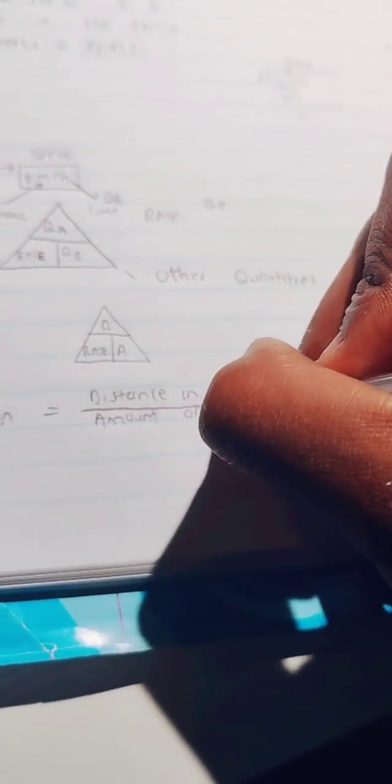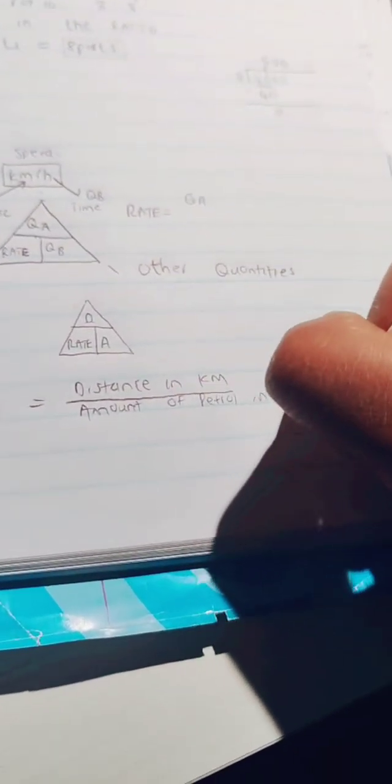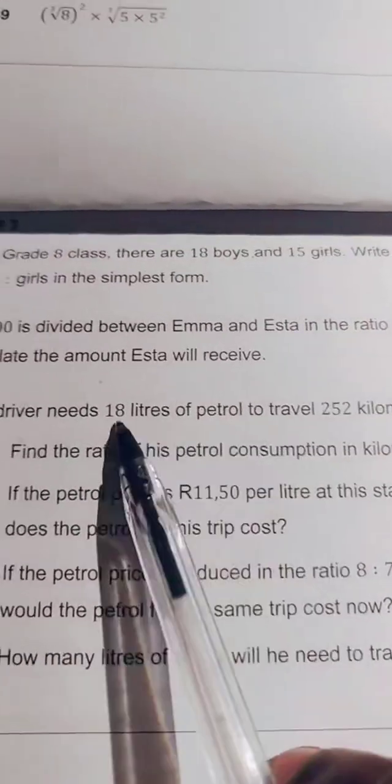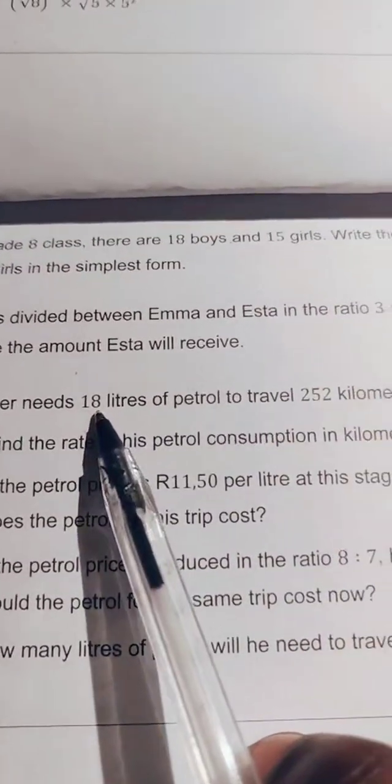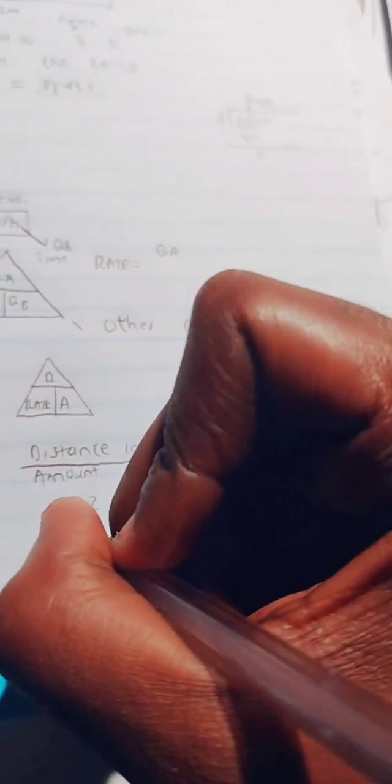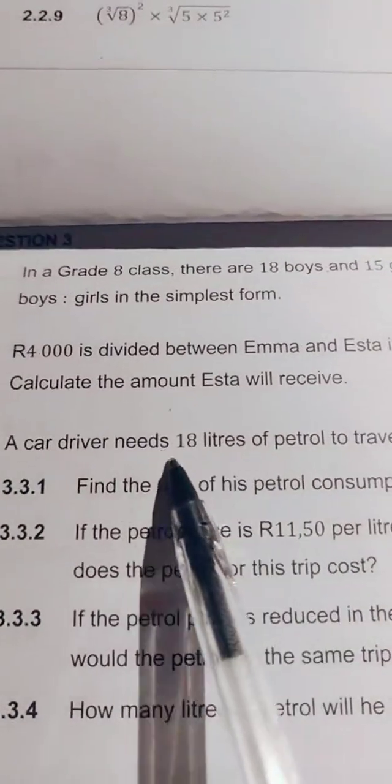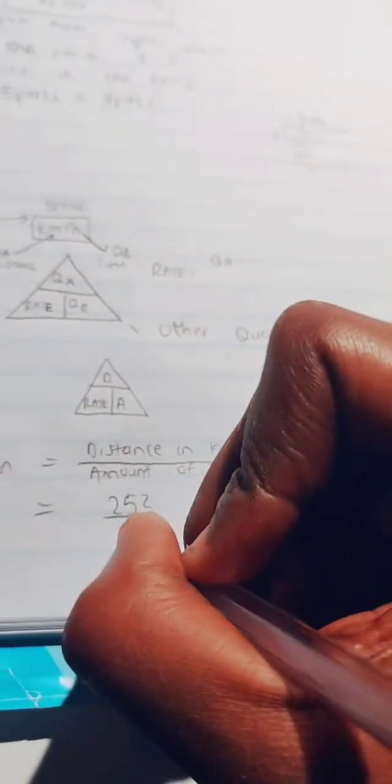Simple as that. Then I identify the amounts: the distance in kilometers is 252, and I'm going to divide that by 18 liters of petrol.